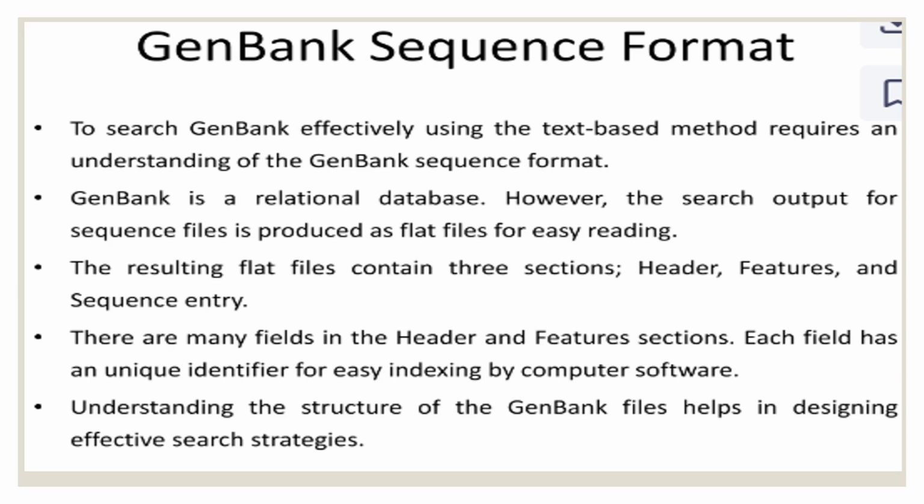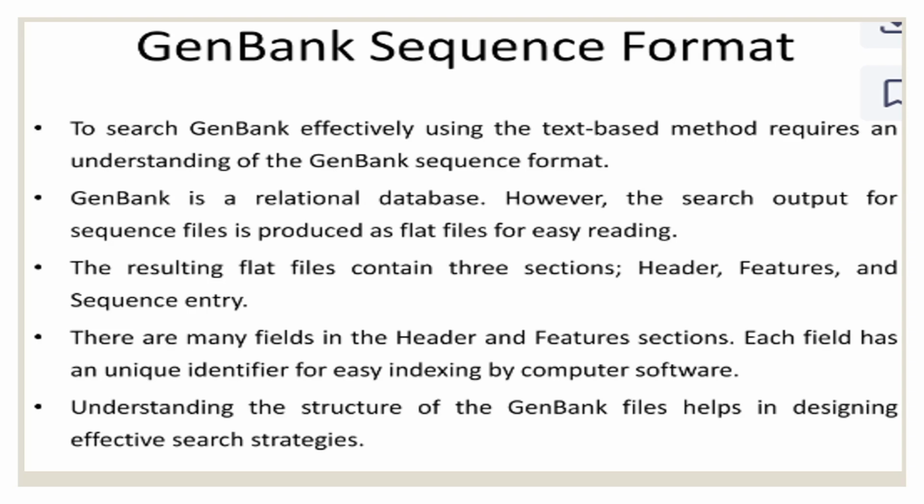To search GenBank effectively using the text-based method requires an understanding of the GenBank sequence format. GenBank is a relational database. However, the search output for a sequence file is produced as flat files for easy reading. So when we get our GenBank result, it is very easy to read and analyze because it is text-based, in English-like language.